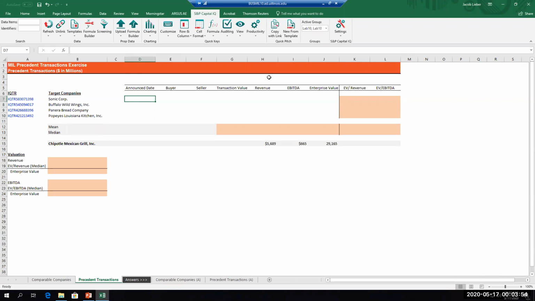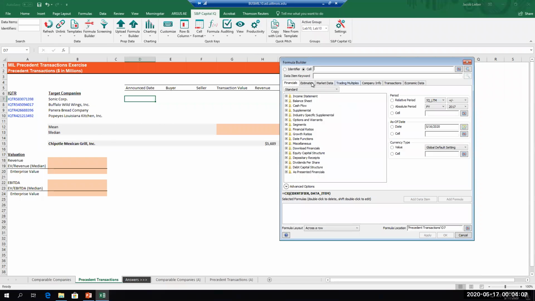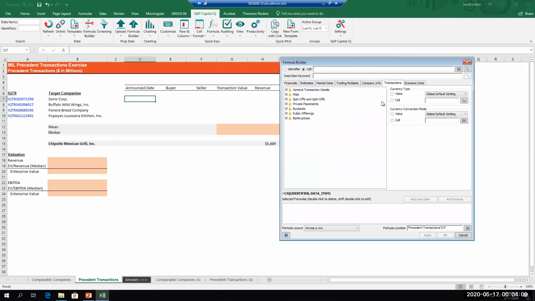We're going to go ahead and fill in all of this information using the CapIQ plugin. Again, I'm not going to show you how to use a plugin. If you need to learn how to use this, please reference our other CapIQ video. First, we're going to pull up the formula builder and go to transactions off to the right-hand side.